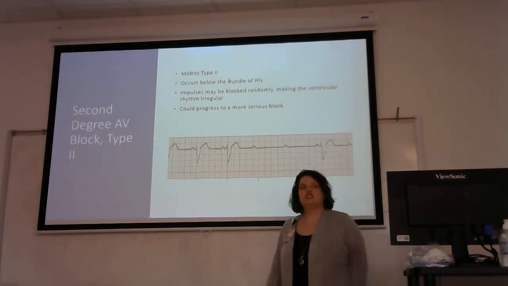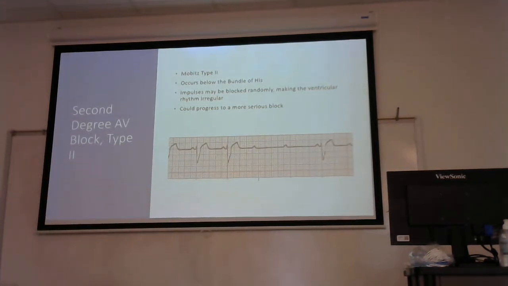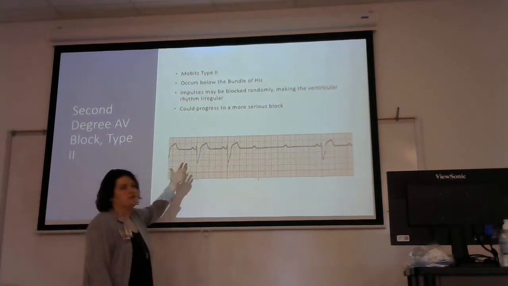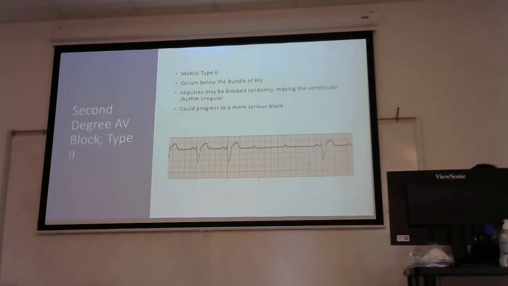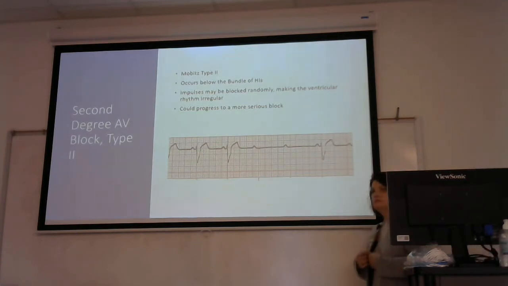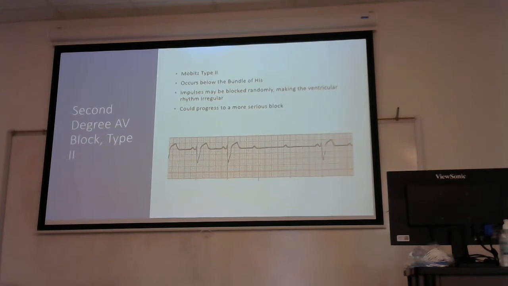Yes. Okay, they just looked at a different lead. It doesn't necessarily mean anything, it's just negatively deflected versus positively deflected. Okay? That makes sense. Question, also, would that be a bundle branch block there? Potentially, because it occurs below the bundle of His. So definitely could be.